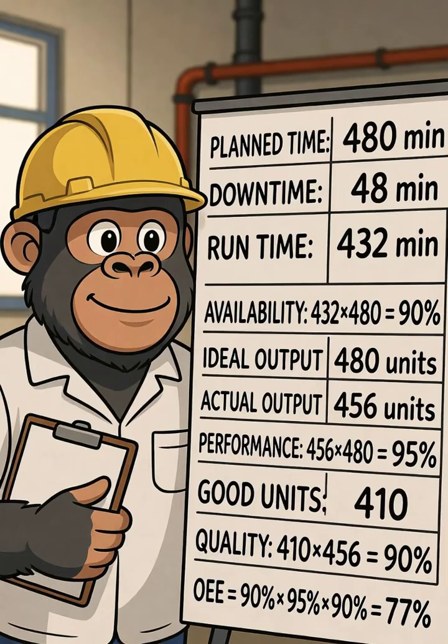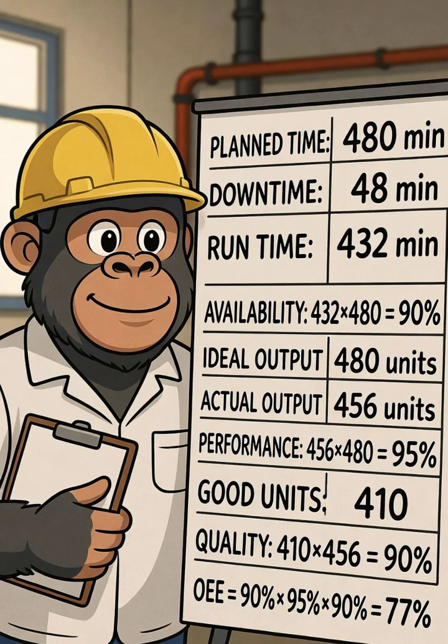All right, let's run through a complete real-world OEE calculation from start to finish with actual numbers. We're analyzing an 8-hour shift, which is 480 minutes of planned production time. First, availability. During the shift, the machine had 30 minutes of breakdown time, 10 minutes of changeover time, and 8 minutes waiting for materials.